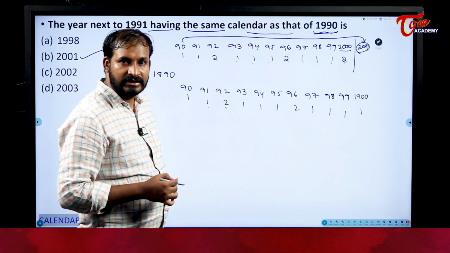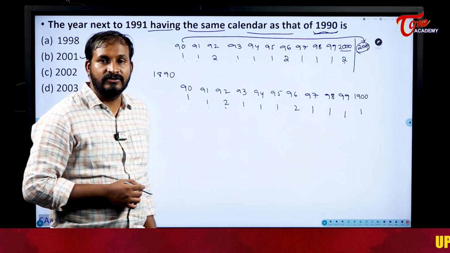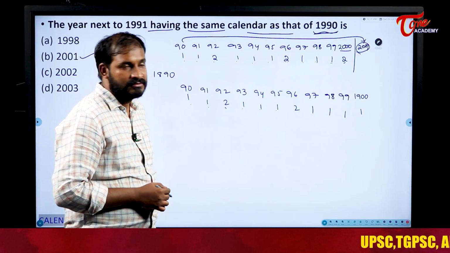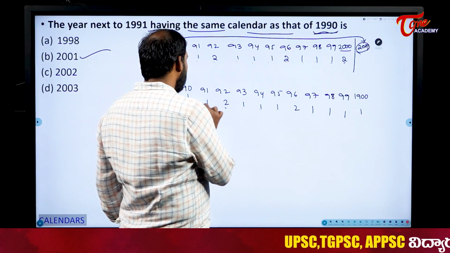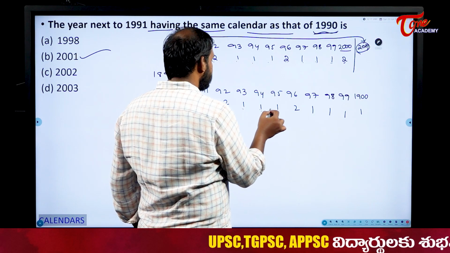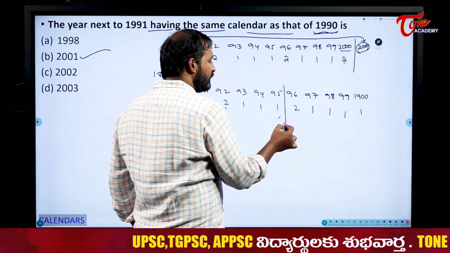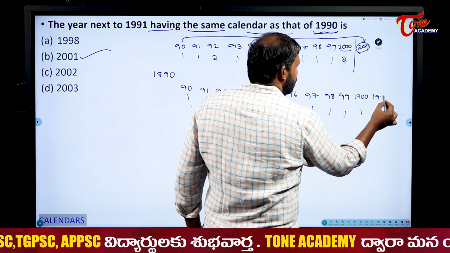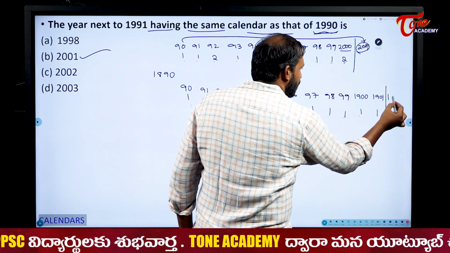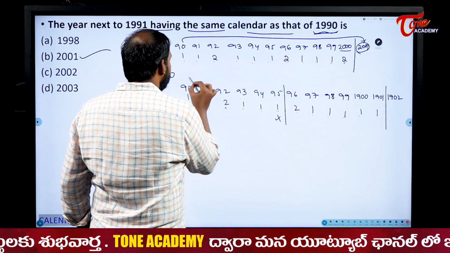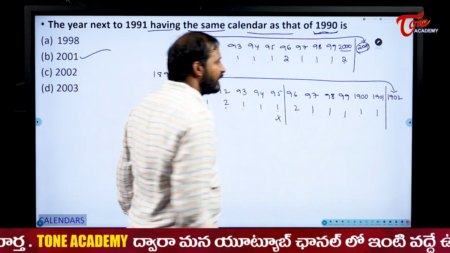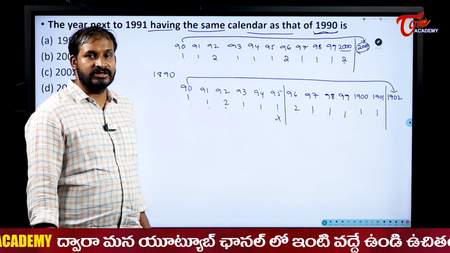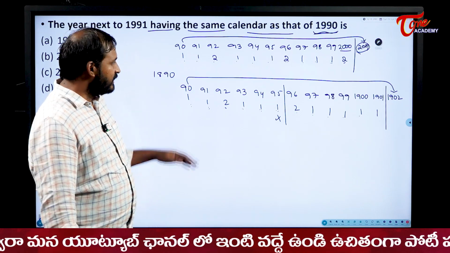That is the reason I am telling you to be more careful. Now see here, 1, 2, 3, 4, 5, 6, 7. It has gone up to here. Next 2, 3, 4, 5, 6, 7. So I can use it in 1902. So the 1890 calendar can be used in 1902. Understood, students?